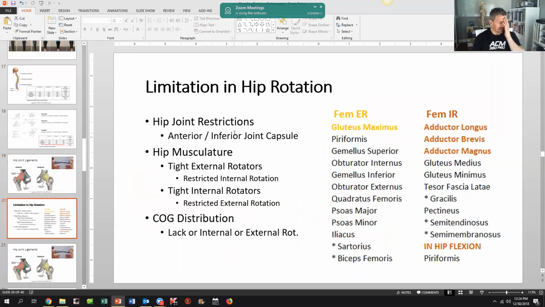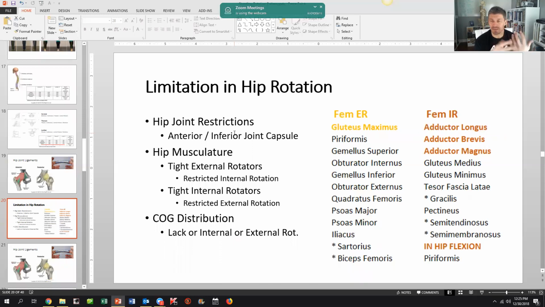Here's what I did. I put together a list of the muscles that we want to really be thinking about. Again, I'm not a fan of isolating parts, but limitations in hip rotation, if we're finding a pattern right or left that's restricted, and we can infer from the other assessments that it might be internal rotation that's restricted or external rotation that's restricted, then we have some ideas as to what musculature is playing a part.